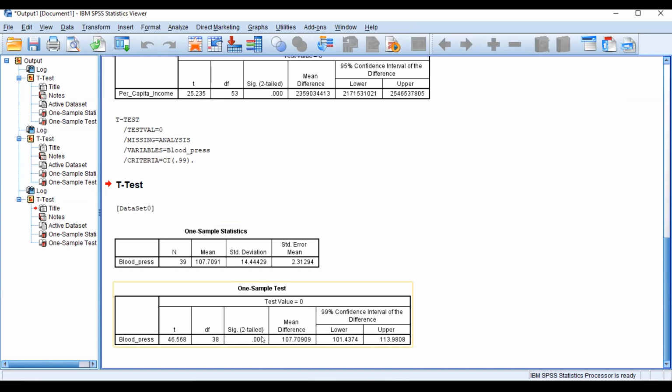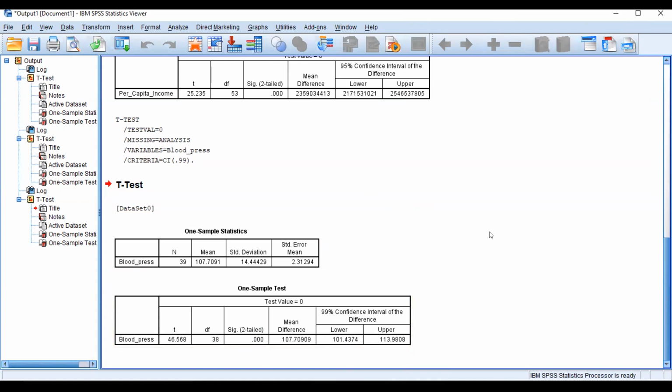They can be less or they can be high, but they are not equal to 120. On the confidence level, if that person's BP lies between 101 and 113, they are in the acceptance region, otherwise they are in the rejection region. So this is the interpretation of the one sample t-test.